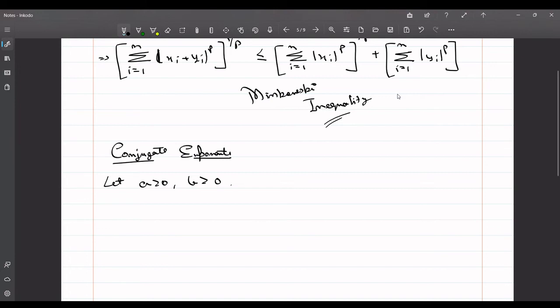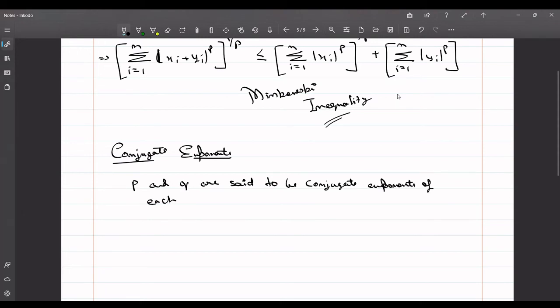Before defining Young's inequality, let us first define what a conjugate exponent is. p and q are said to be conjugate exponents of each other if for 1 less than p less than infinity there exists q following the same conditions such that 1 over p plus 1 over q equals 1.